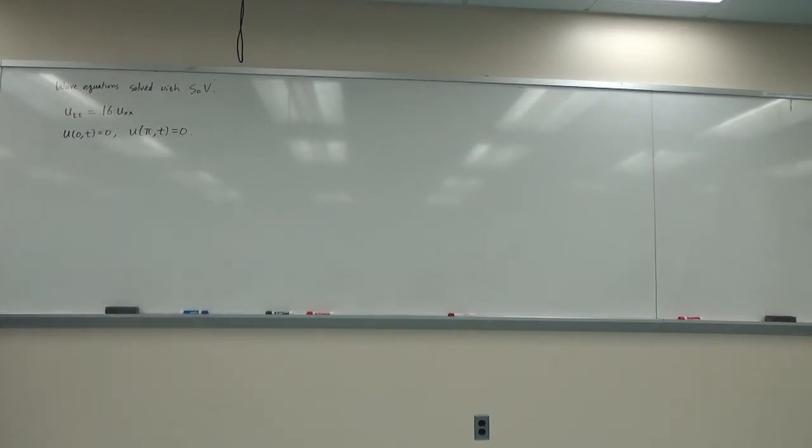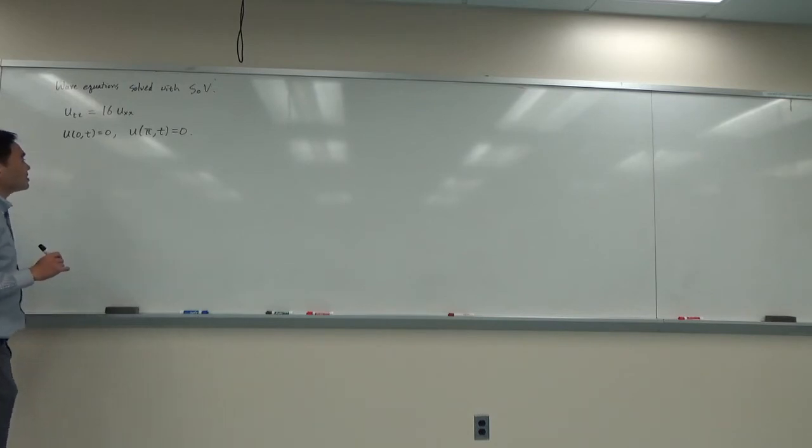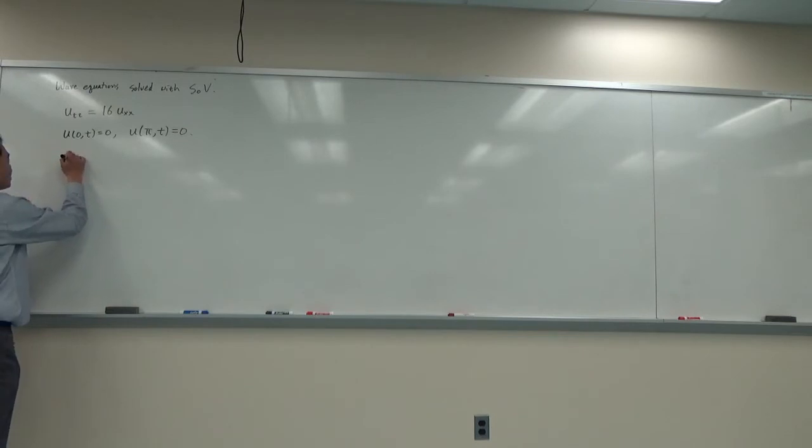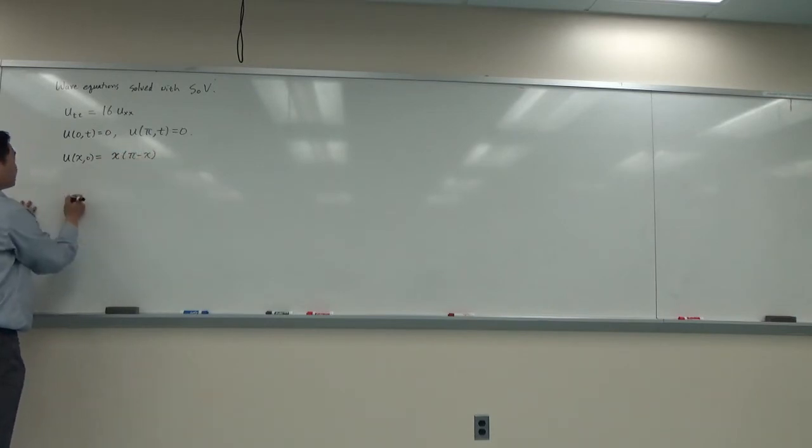Just to make things slightly easier, because unfortunately, I want to do something that's, okay, let me just do this one. u of x, 0 is equal to x times (pi minus x). And then u_t of x, 0 equals 0.